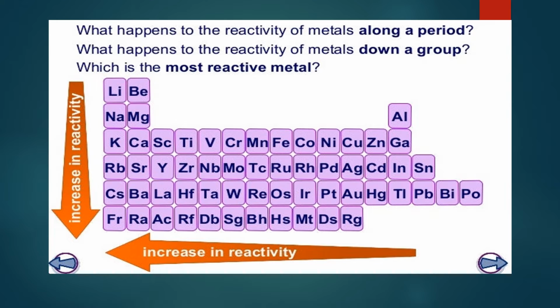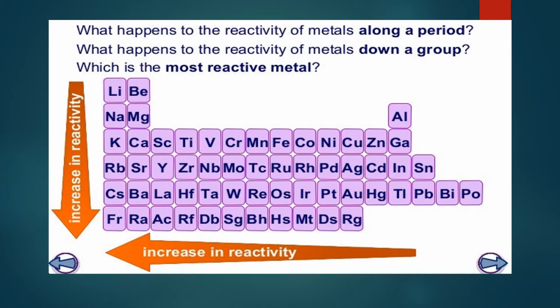So you're going to look at the arrows again as your indicator or reference. Those elements with increased reactivity, especially those at the left side of the periodic table, are more reactive than those on the right.